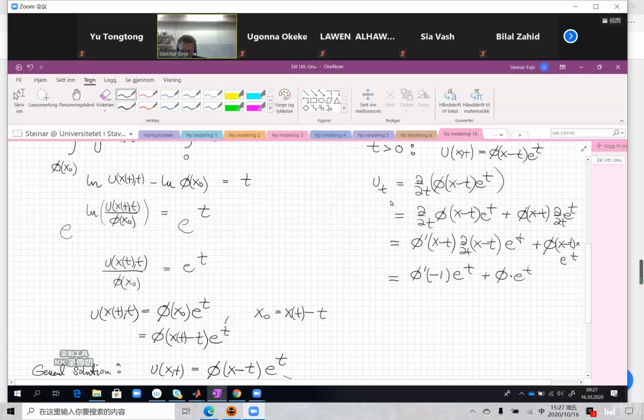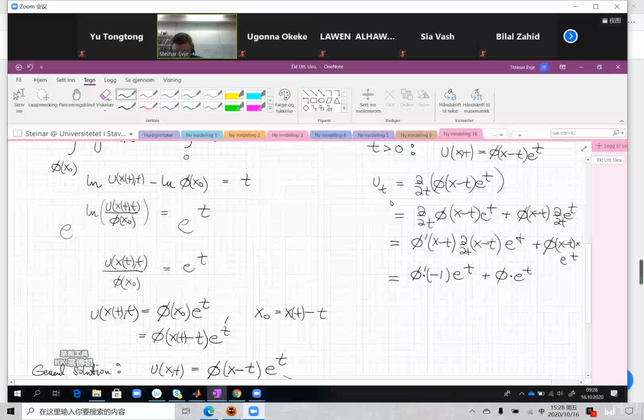So this is the expression when we take the time derivative of u. Minus phi, and this is not an argument, this is multiplication with minus 1. Okay, let's compute ux.